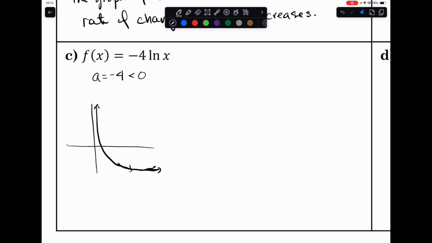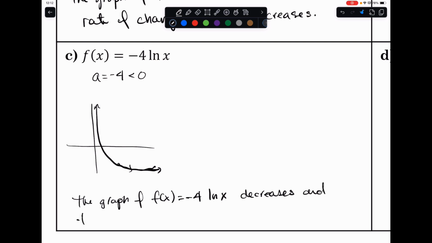So the graph of this function f of x equals -4 natural log of x decreases, and the rate of change increases. In other words, concaves up, okay?